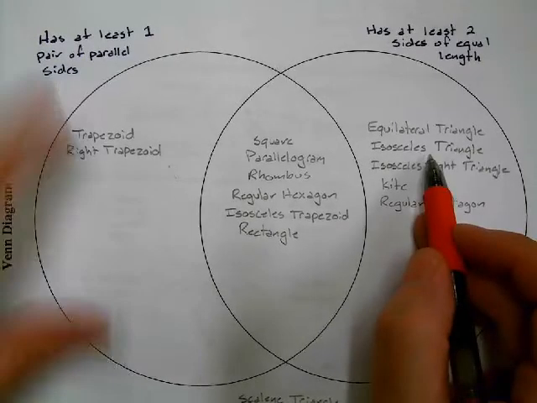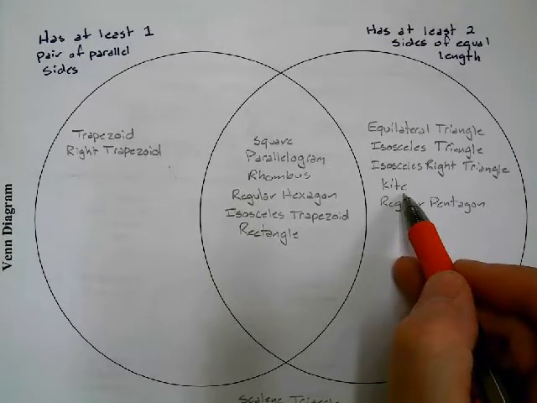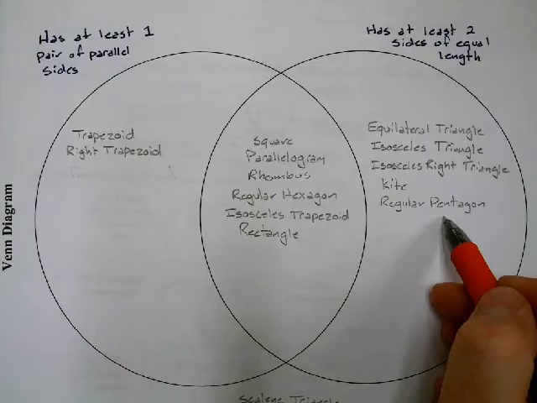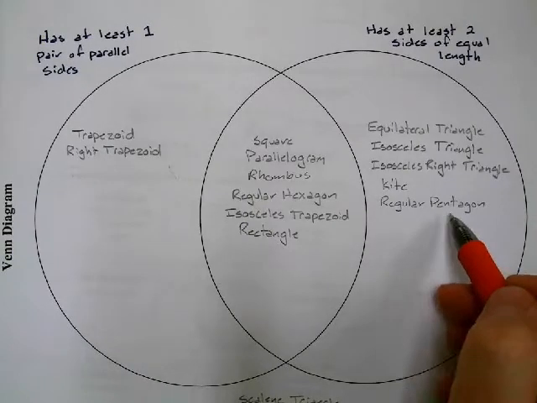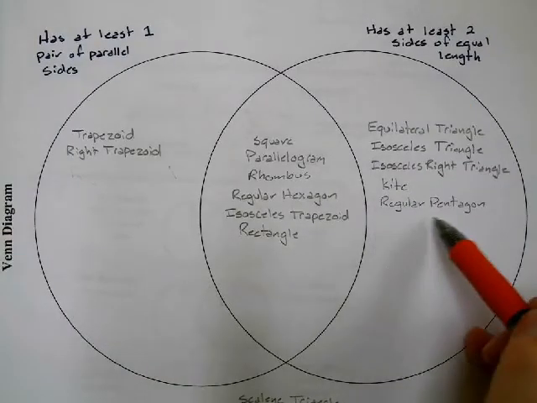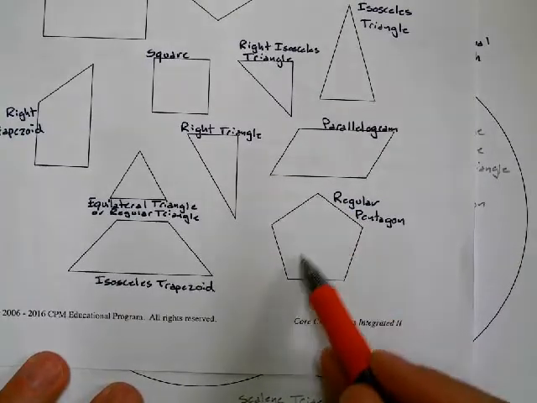Kite, it does have two equal sides, but it doesn't have any parallel sides. Regular pentagon, that's going to go ahead and fall over here because since it's regular, it has equal sides, but we can see here, no parallel sides on this one. None of these sides are parallel. So it can't fit in the middle, it has to fit over here.